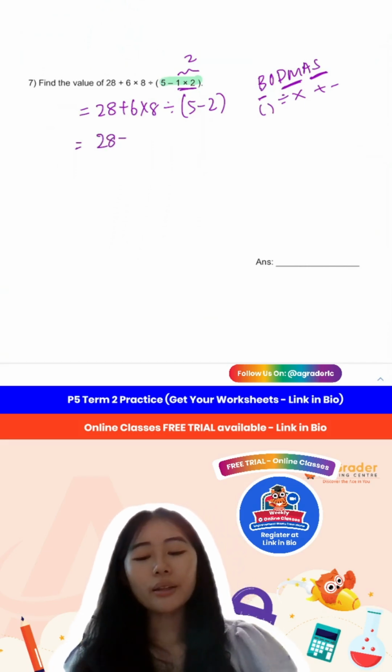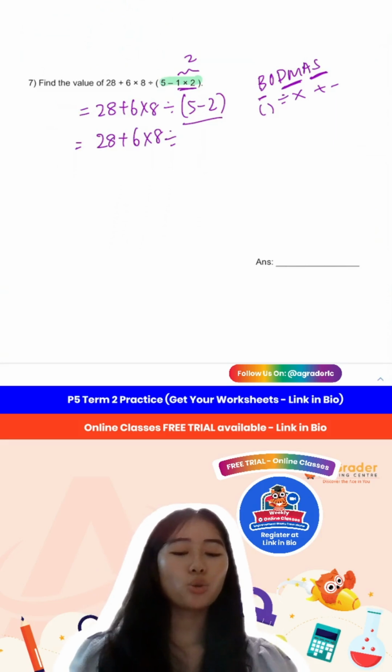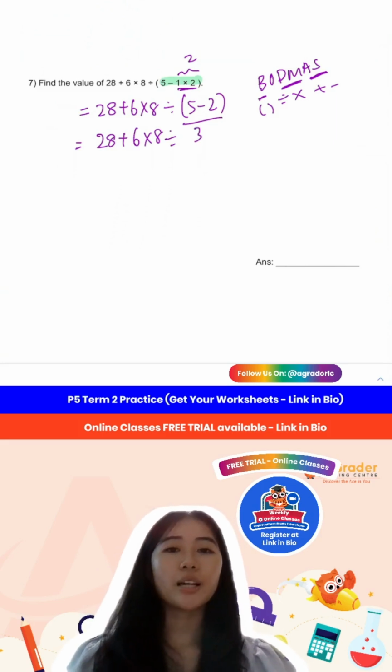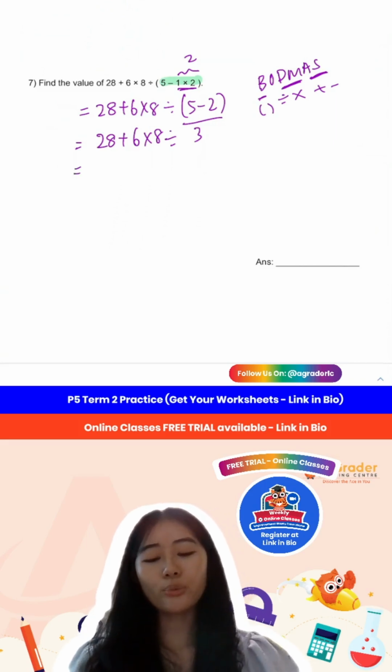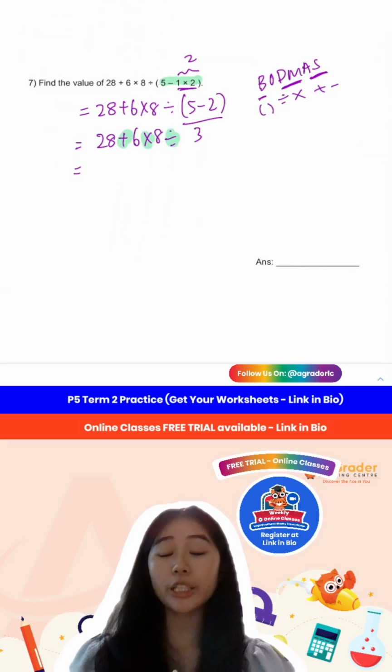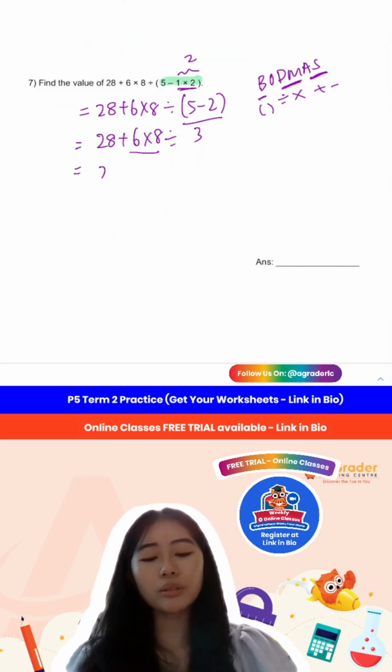Okay, so after that, you still need to continue working on your bracket. Within the bracket, you have 5 minus 2, which is 3. And then now you can remove the bracket. So let's see what we're left with. You're left with a plus, times, and a divide. Plus is lower priority. You need to do your times and divide first. So you can do the times.